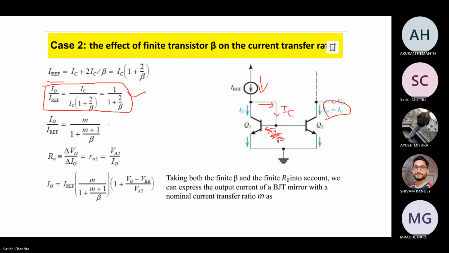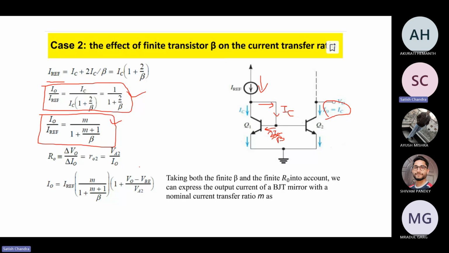And similarly, if the area of the emitter base junction has a ratio of M, then we can represent it like this, the generalized formula when the beta has a finite value.